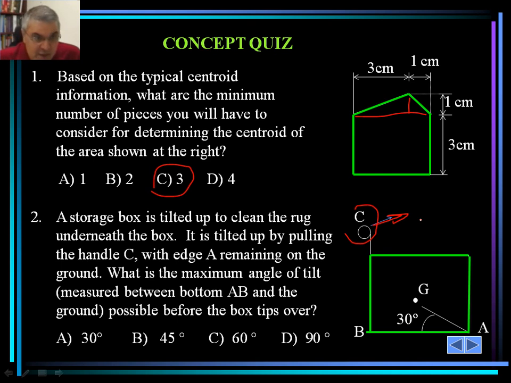We're using the handle, and point A is a fixed point. What we try to determine is the maximum angle of tilt without actually tipping the box over. The correct answer is 60 degrees, and I want you to go through this problem and let me know if you have any questions on the second concept quiz. It's a good exercise for you to go over.